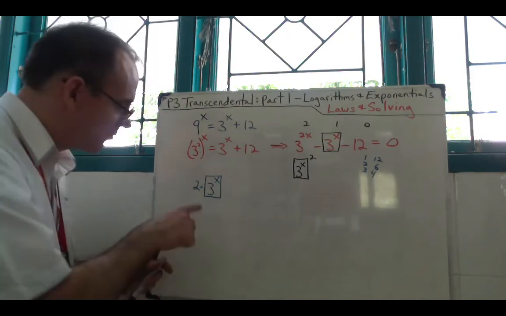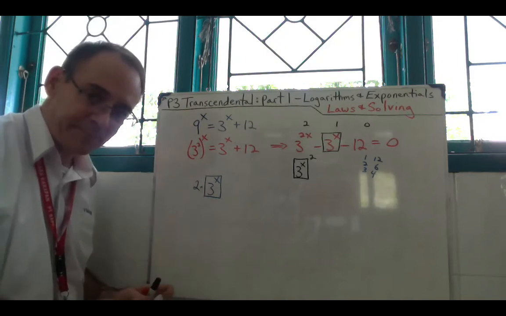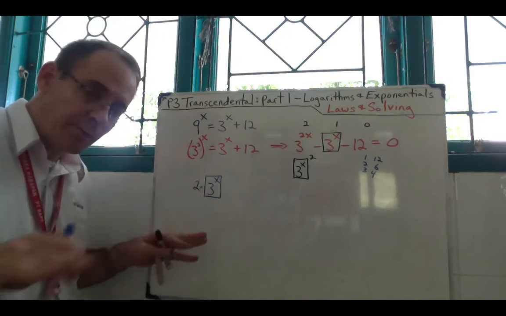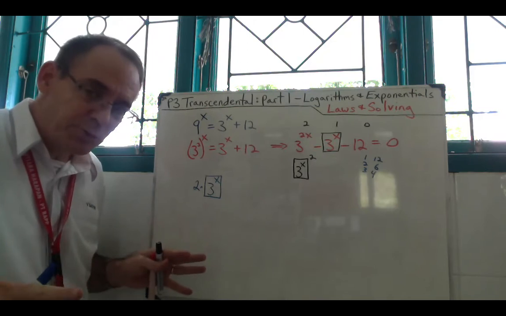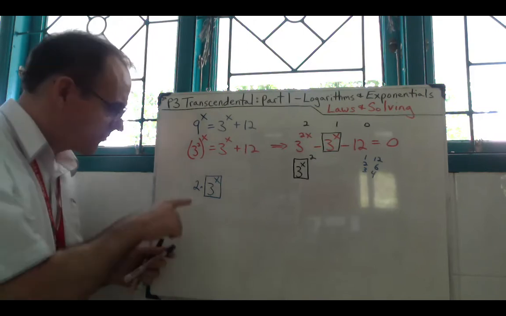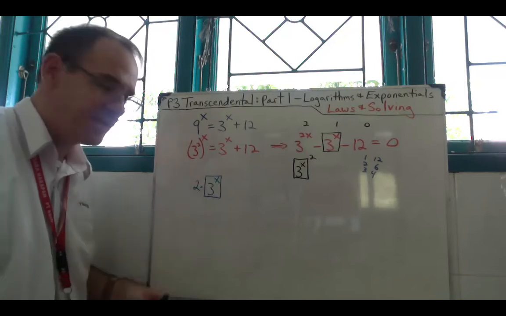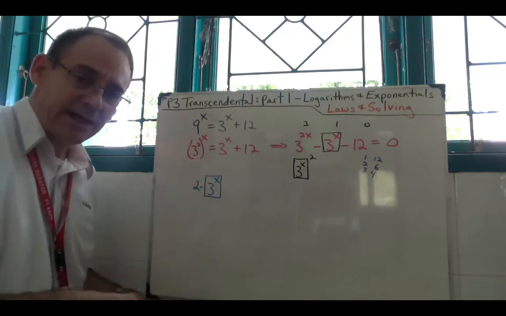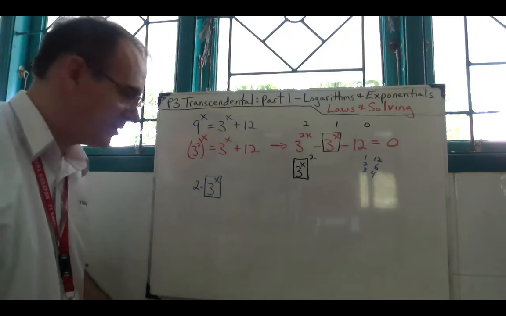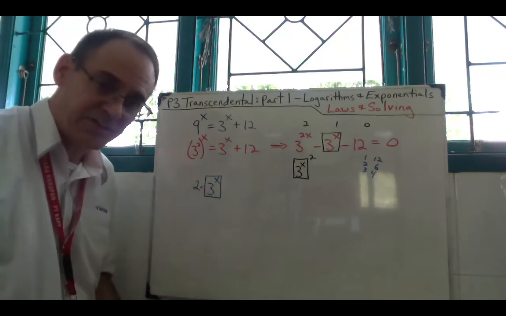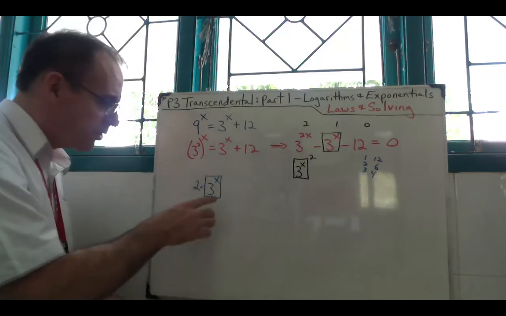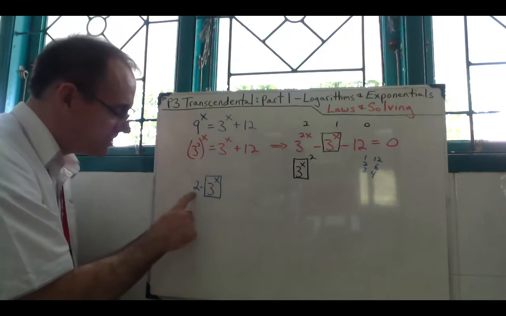You cannot multiply 2 times 3. Remember, your normal algebraic rules don't apply from outside the function to inside the function until you first get rid of that transcendental function. You'd have to get rid of that base 3 first. So this is how coefficients work.